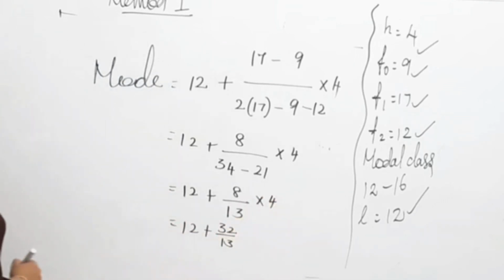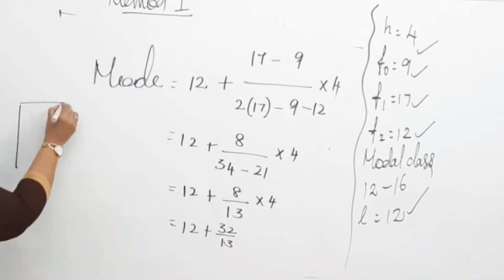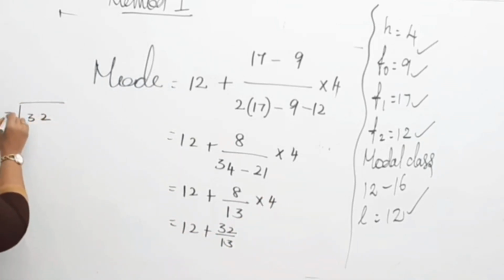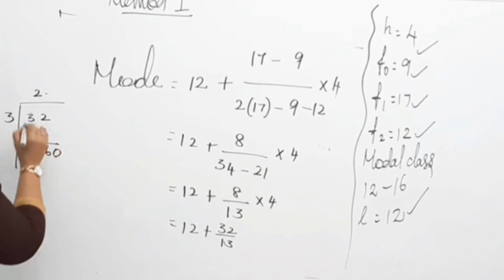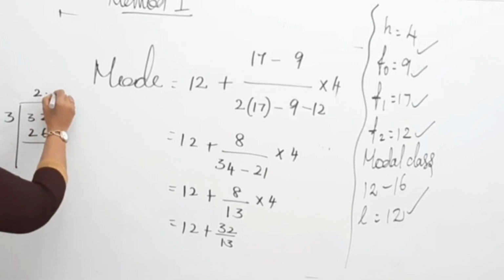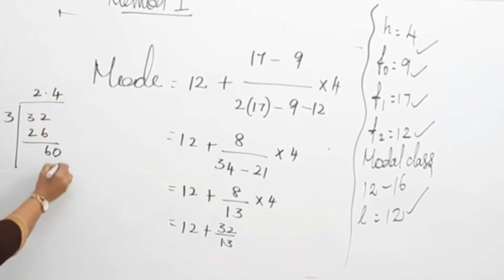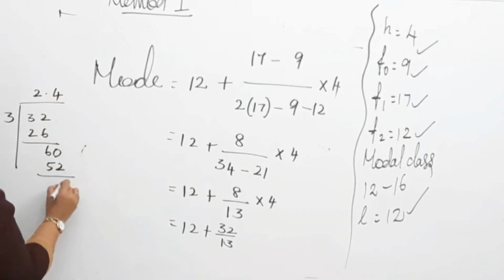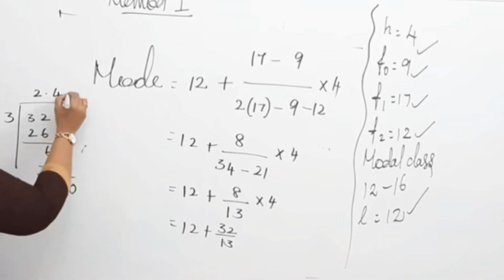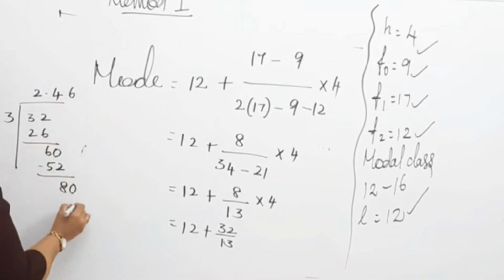Now I'm going to do my division, 32 divided by 13. 2 13s are 26, 32 minus 26 is 6. Put a zero, 60. 4 13s are 52, the remainder is 8. Then put 0, 80, and 6 13s are 78.